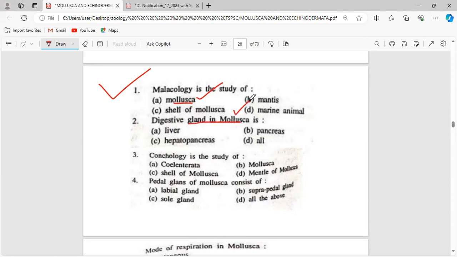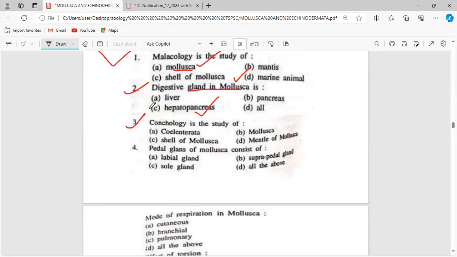Digestive gland in mollusca is hepatopancreas.